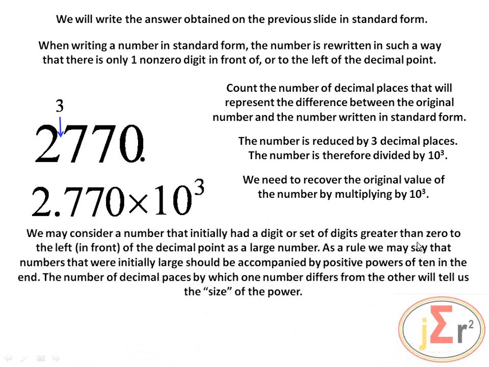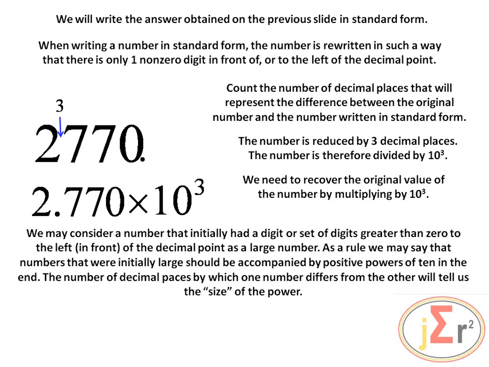We may consider a number that initially had a digit or set of digits greater than 0 to the left or in front of the decimal point as a large number. As a rule, we may say that numbers that were initially large should be accompanied by positive powers of 10 in the end.